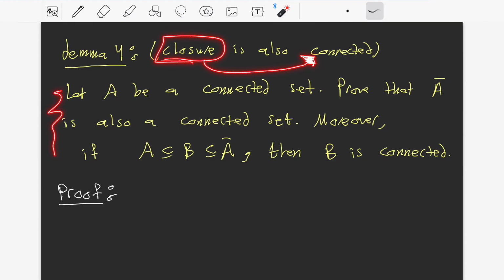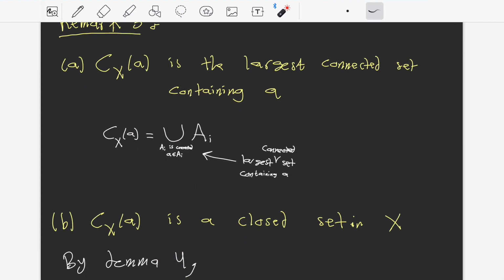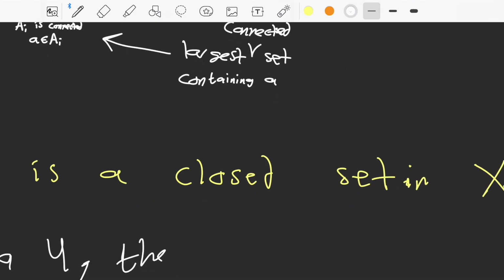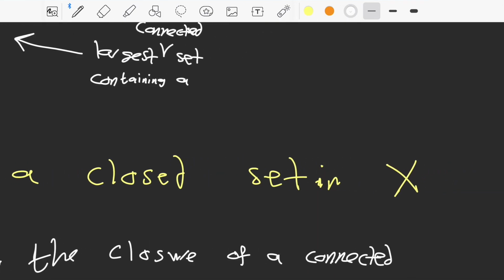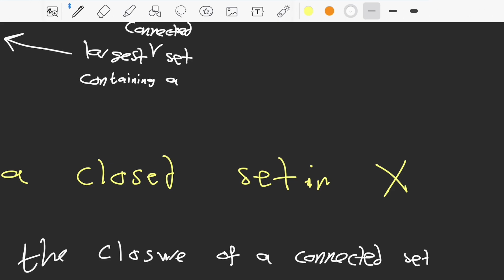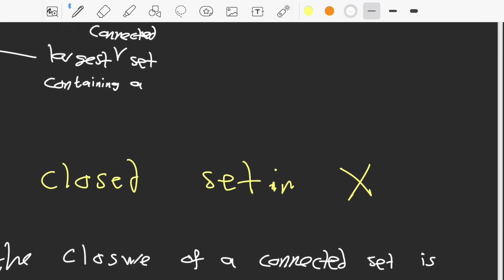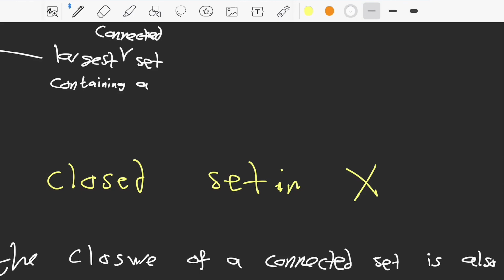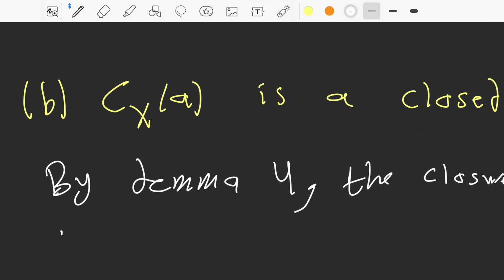We will come to lemma number 4 in detail next, but for now, all we need is this information: the closure of a connected set is connected. We will prove it, but for now, let's just use it as is.